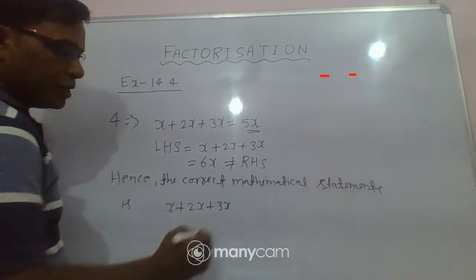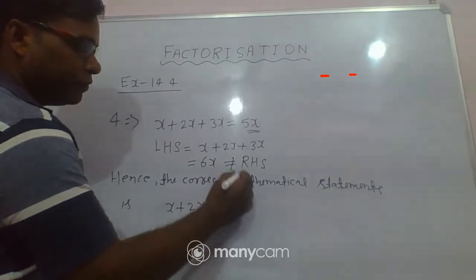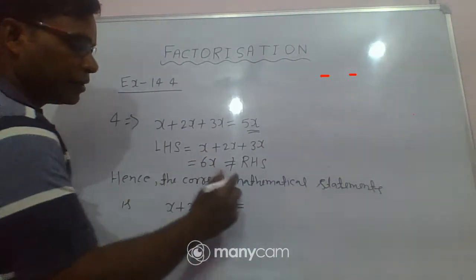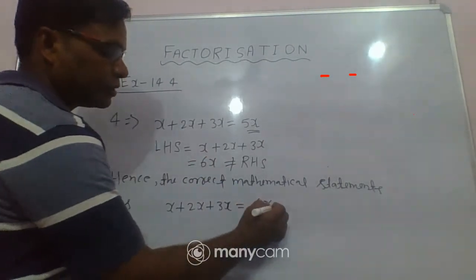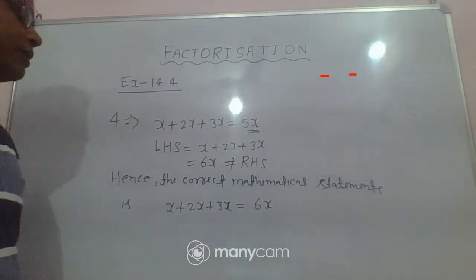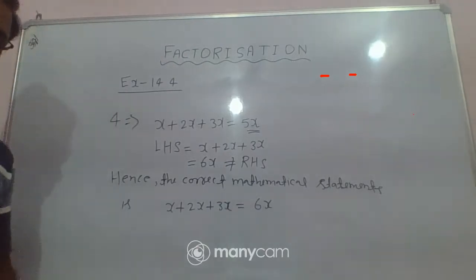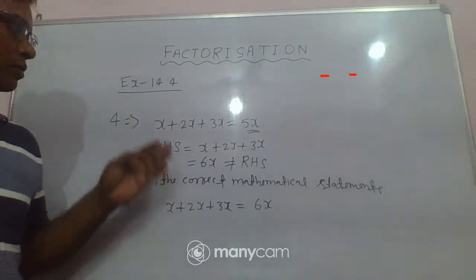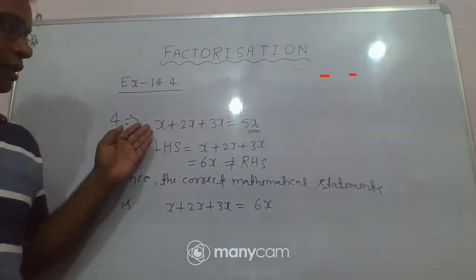You can write here x plus 2x plus 3x is equal to 6x. This is a correct mathematical statement.